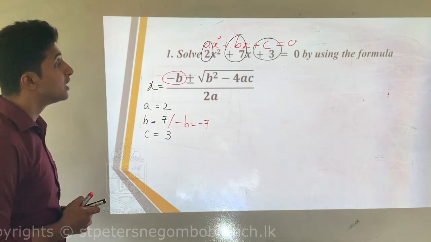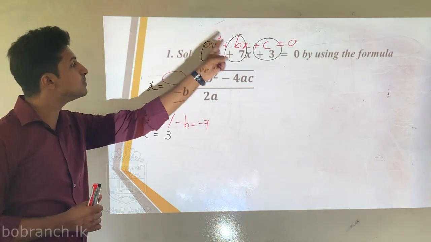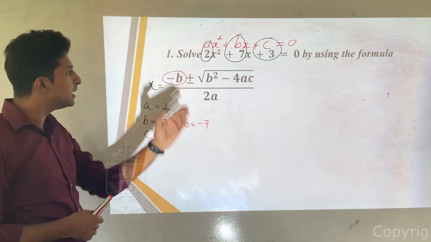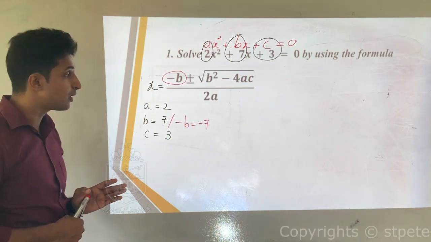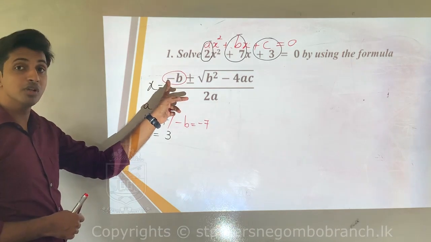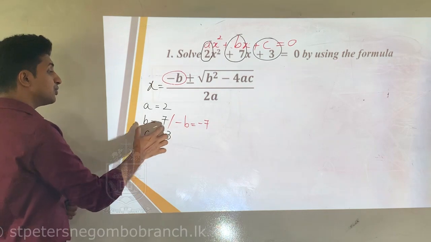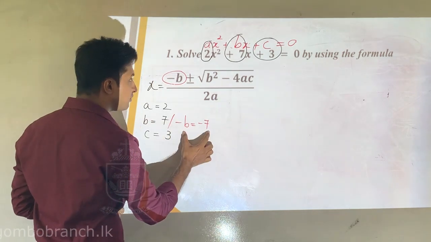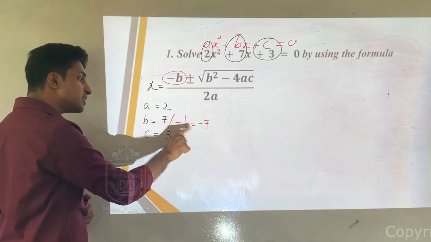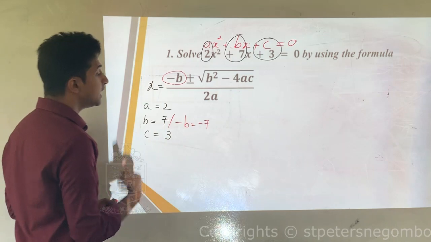Again, when you get the quadratic equation, it is easy if you write ax squared plus bx plus c on top of it. Then you get the value for a, for b, and for c separately. Alright? Since in the formula you need minus b as well, it is easy for you to take b and take the opposite of it. That is, if b is plus 7, minus b is minus 7. The opposite of both. Alright?